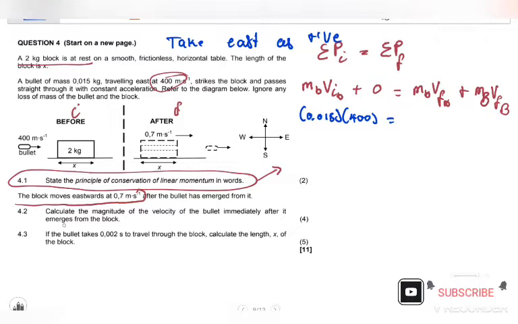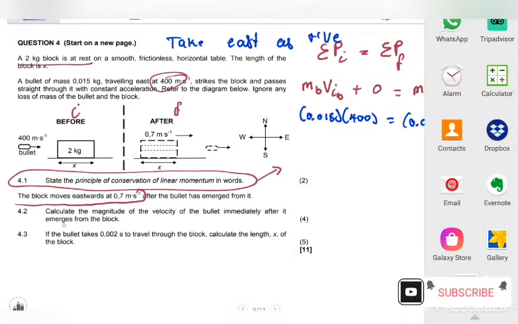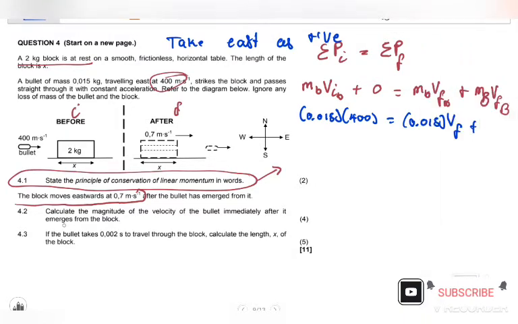You see, now we want to calculate this velocity final of the bullet. We have a mass of the bullet which is still 0.015 multiplied by its velocity. Let's just write v f, plus this one here. For this one, it's going to be the mass of the block, which is 2 kg, multiplied by its velocity, which is 0.7. Since it's going to the east, it's going to be positive.